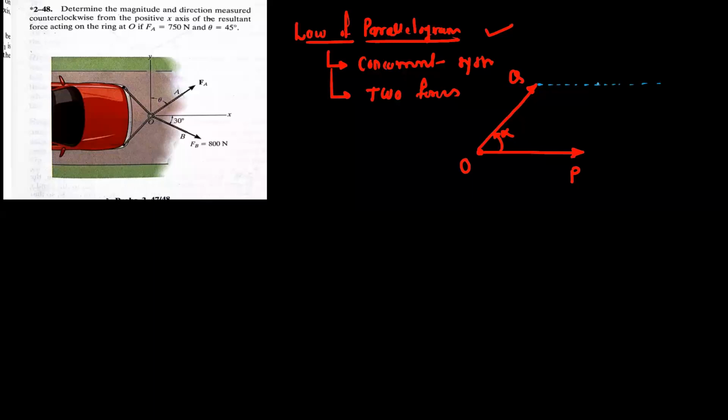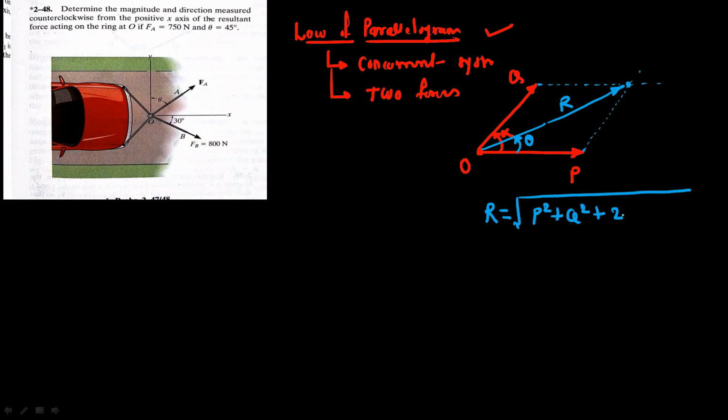So draw one vector parallel to P, draw a second vector parallel to Q. Okay, so this is the diagonal which gives the resultant of these two forces, and this is the angle of the resultant with respect to one of the forces, that is P. So the formula for this resultant R is equal to the square root of P square plus Q square plus 2PQ cos alpha.